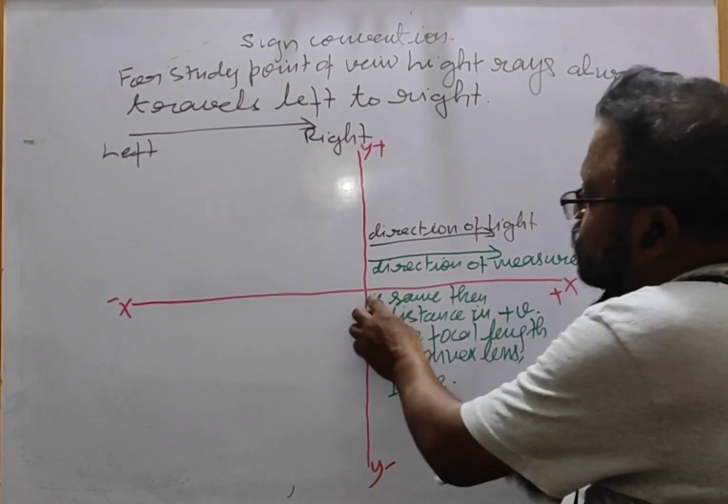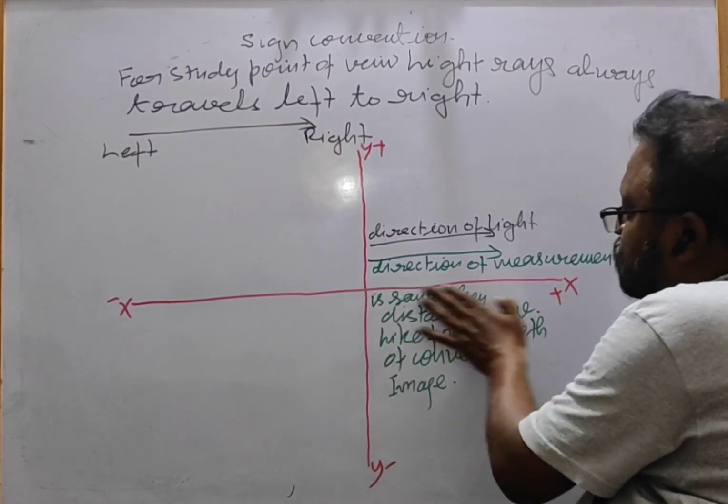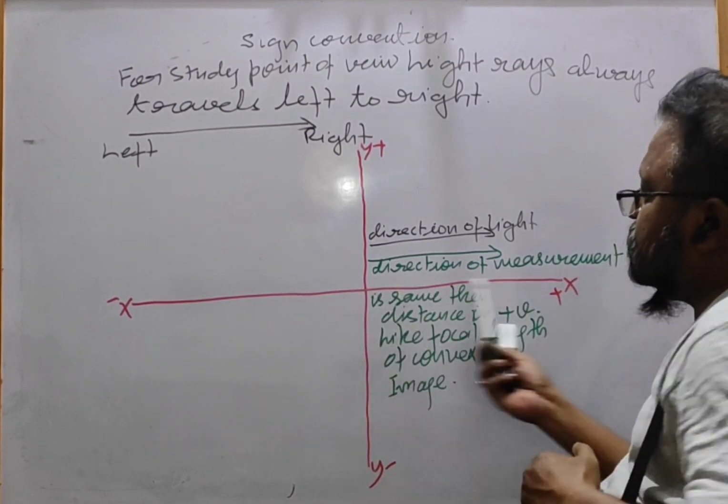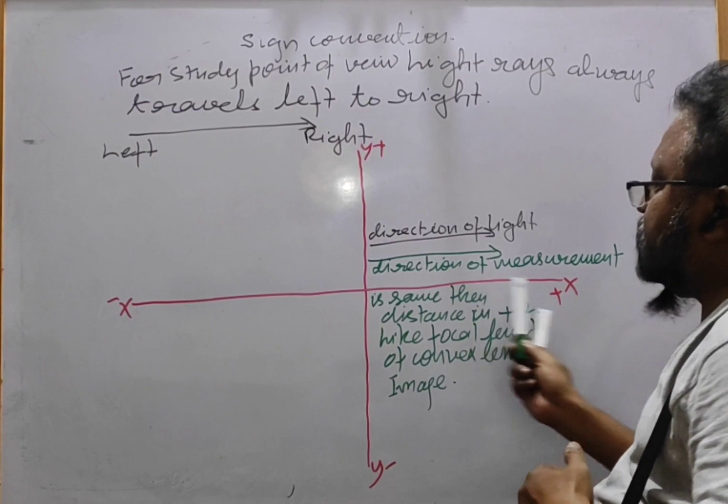If you are taking 0 here and you are measuring towards this side, this is the positive side, right?